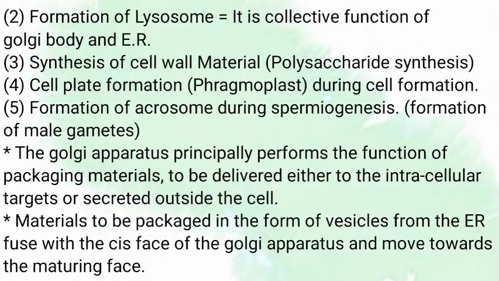The Golgi apparatus principally performs the function of packaging materials to be delivered either to intracellular targets or secreted outside the cell. Materials to be packed in the form of vesicles from the endoplasmic reticulum fuse with the cis phase of the Golgi apparatus and move towards the maturing phase or trans phase.